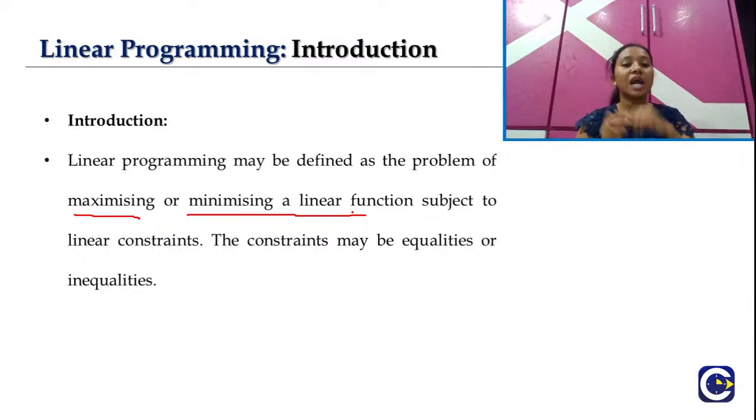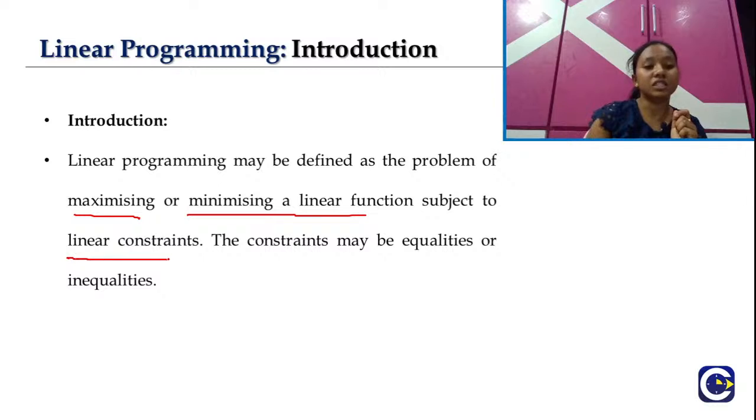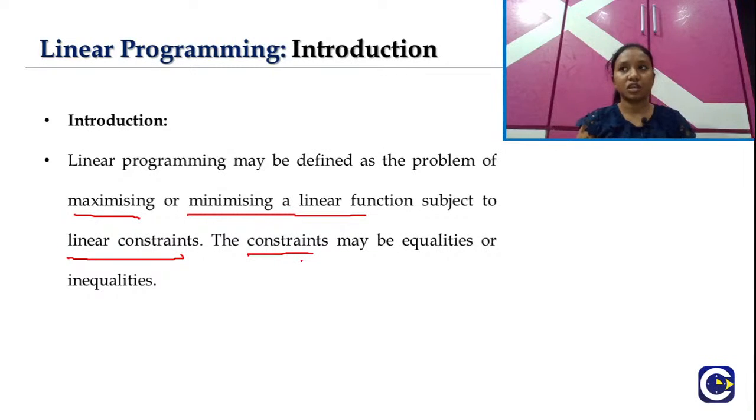That linear function which we are maximizing or minimizing will also be subject to some linear constraints. These linear constraints can be equalities or inequalities. So the constraints may be equalities or the constraints may be inequalities.